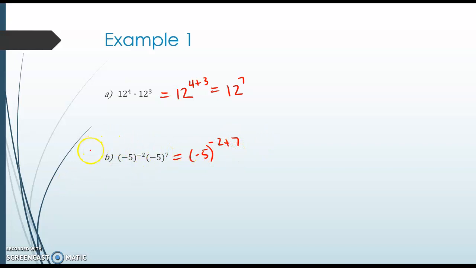It really is easier to just add everything that we can at that time. Saves us some trouble with flipping and then having to flip back. All right, negative 2 plus 7. We got to keep that negative 5. Negative 2 plus 7 is 5. So our final answer is negative 5 to the 5th power.